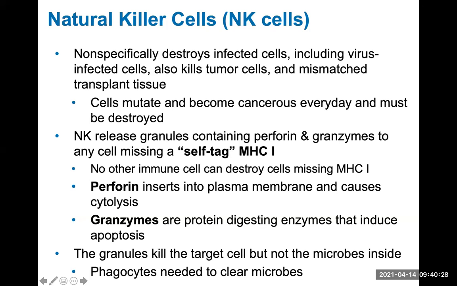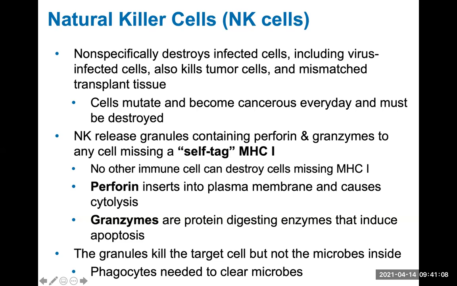Okay, so natural killer cells non-specifically destroy infected cells. This could be a bacterial infection if it's an intracellular bacteria. It can be a virus, right? Virus infected cells. It can also be tumor cells, right? And additionally, when we start talking about things like transplants, this is part of the problem why we have to be very, very careful with transplants and having matching, finding that perfect match is to avoid immune responses such as natural killer cells.